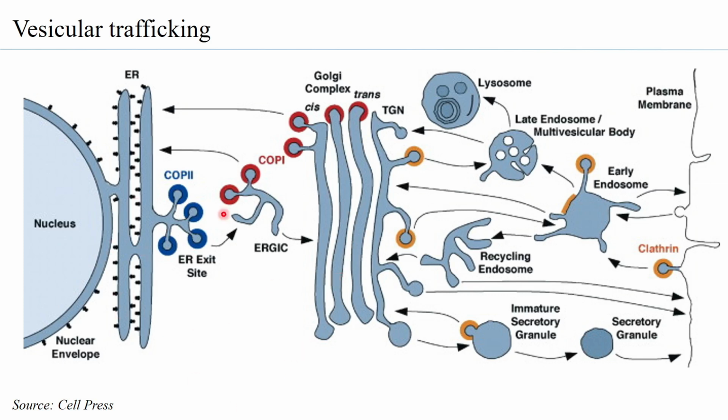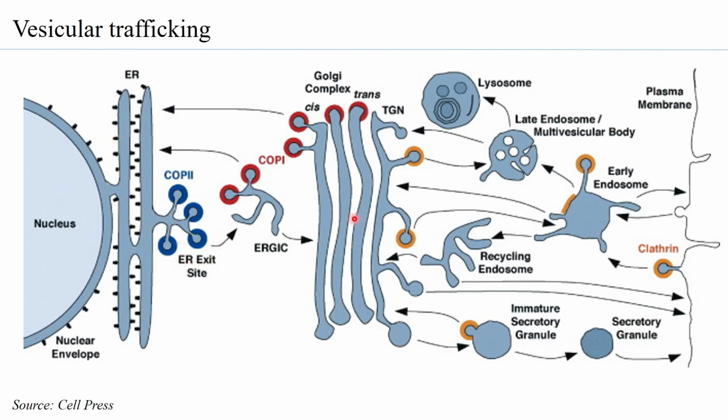Here, as you can see, all vesicles that bud off from the ER are due to proteins called COP2 proteins. These COP2 coating proteins form a coat to form a vesicle, and then these vesicles are transported to the Golgi. So COP2 is always a transport vesicle from the ER to the Golgi.